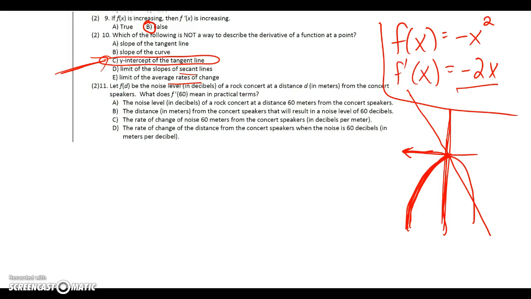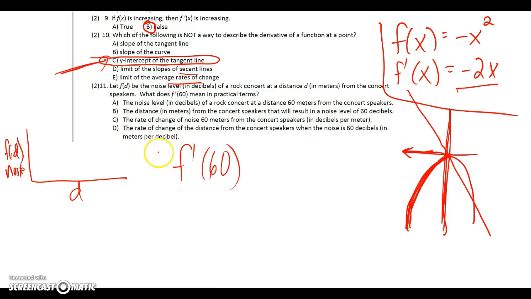Okay, it says let f of d be the noise level in decibels of a rock concert, d meters from the concert speaker. So here's our f of d. This is the noise, right? And this is d. D is our input. What does f prime of 60 mean? Well, f prime is the rate of change, isn't it?